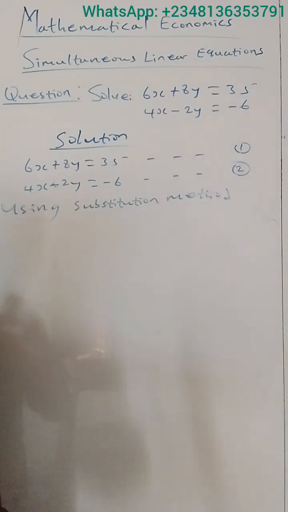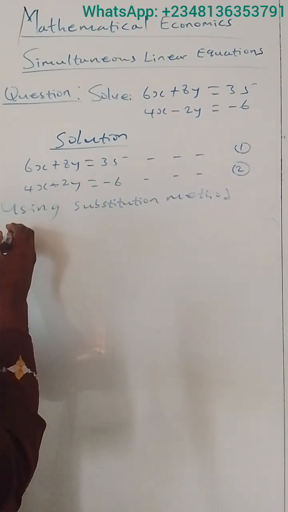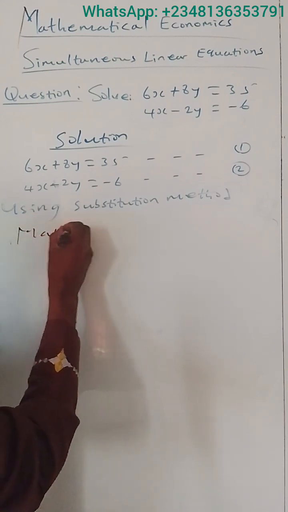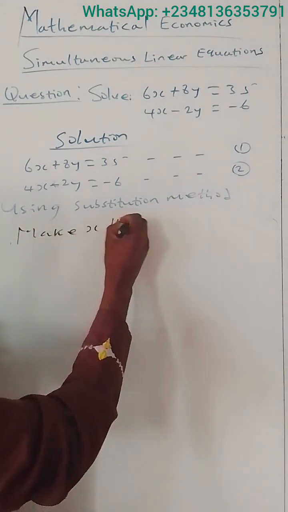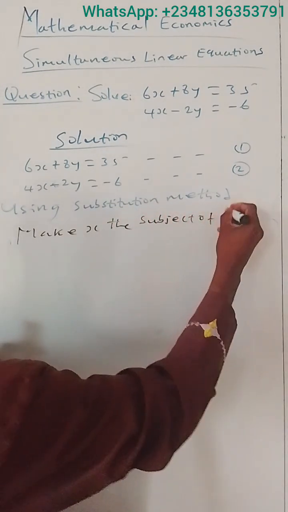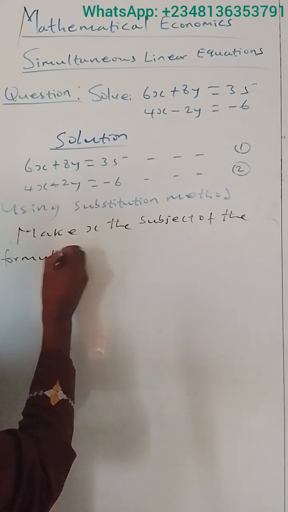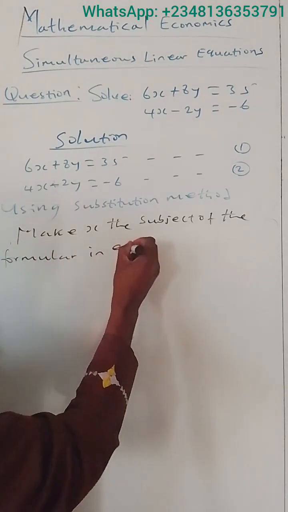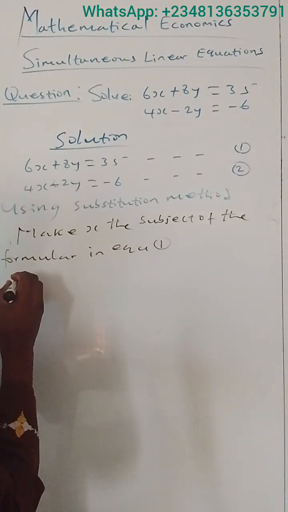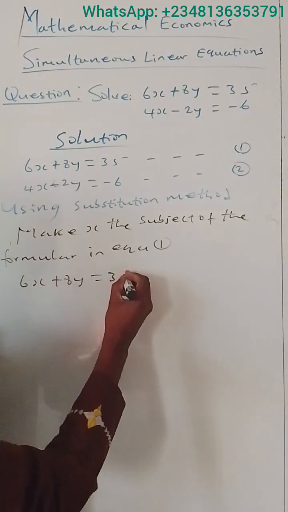Let's say make x the subject of the formula in equation 1. So here in equation 1 we have 6x plus 8y equals 35.